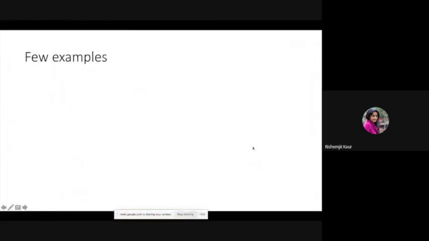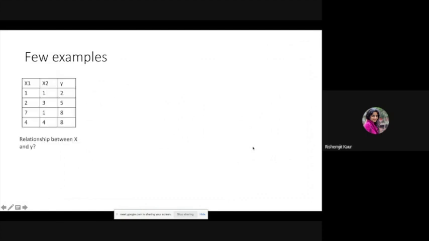So before we go into the mathematics of linear regression or we see how it works, I'll just give you a few examples. Let's say we have this data where x1 and x2 are the inputs, whereas y is our output. These are the data points we have. We have 4 data points. Can you tell me what will be the relationship between x and the y?